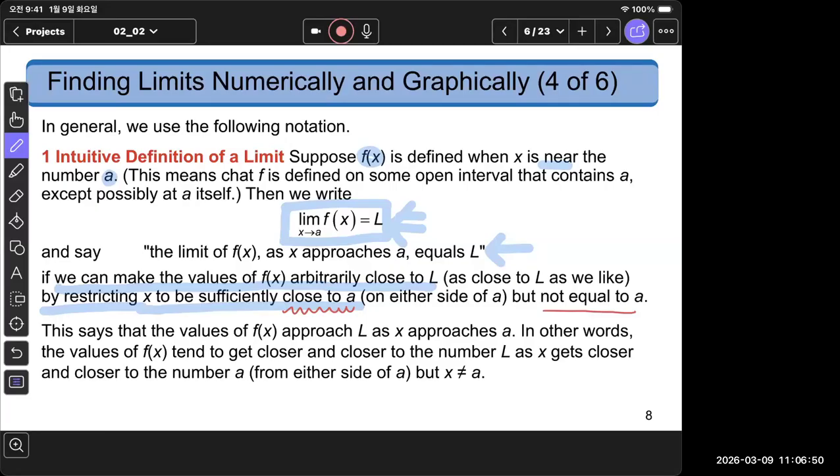We are not interested in that part, when the limit is considered.